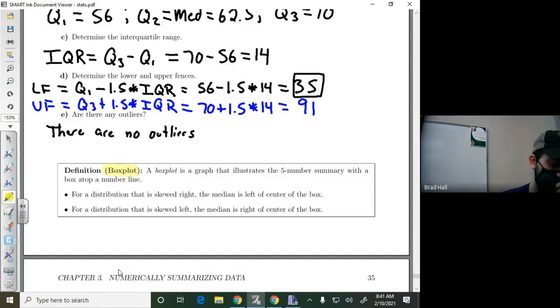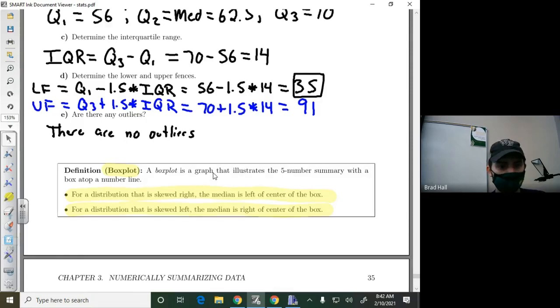I think there's a homework question that'll ask this bit of information: if you have a distribution that's skewed to the right, which means the tail's on the right, the median is left of center of the box. We'll see what that means momentarily. And it's right of center for a distribution skewed left. One of those two is going to be a homework question. I think it only gives you one attempt, so there you go.